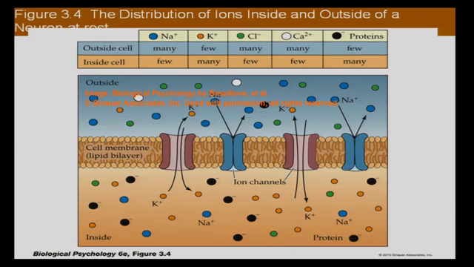The chloride is important for the inhibitory postsynaptic potential. And here we see at rest, there is lots of chloride on the outside and just a little bit on the inside. So when those chloride channels open during an IPSP, what will happen given this gradient?